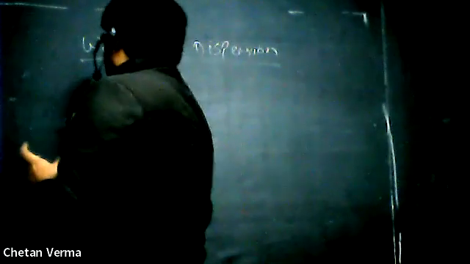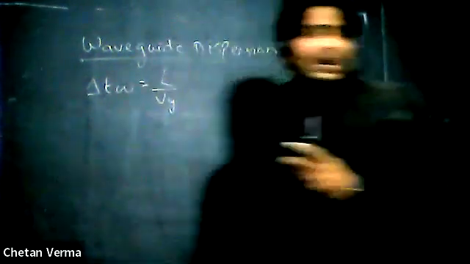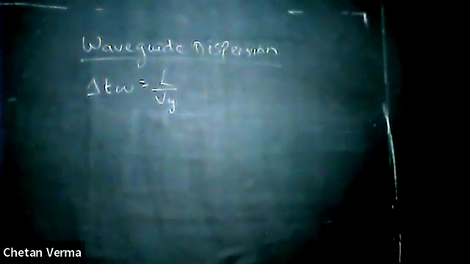So I have to write up the formula for the waveguide dispersion. Delta T_W is equal to L by Vg, where L is the length of the optical fiber and Vg is the group velocity.